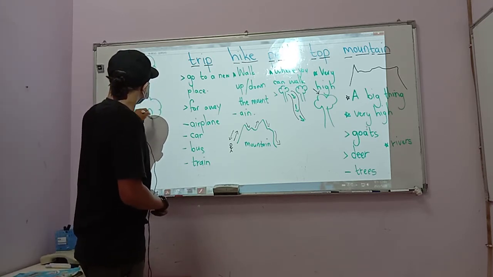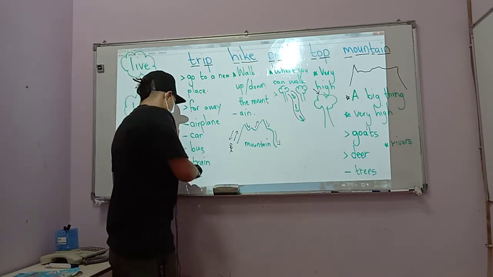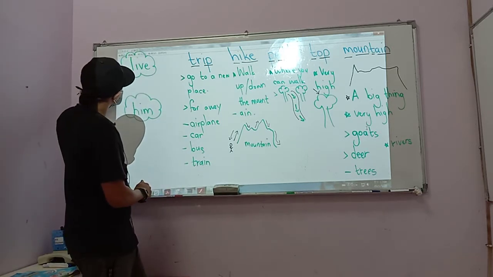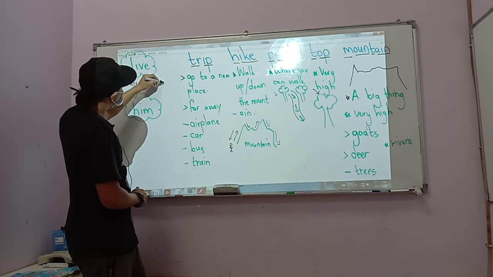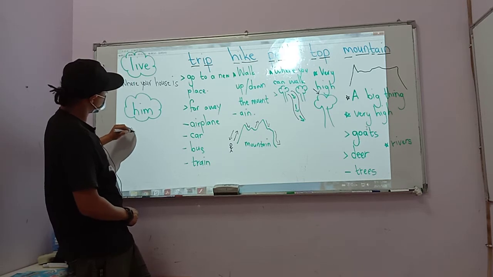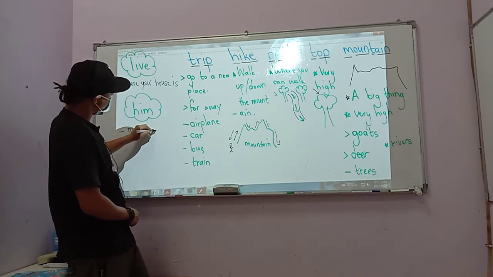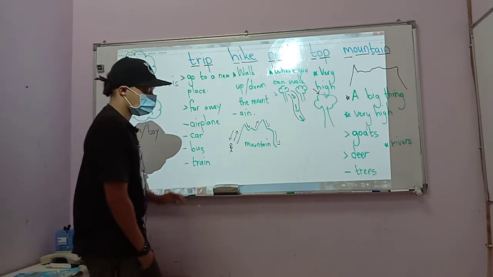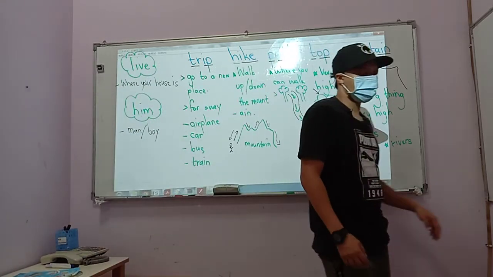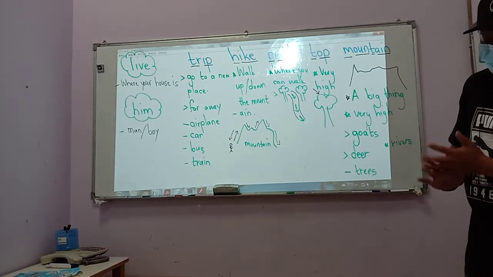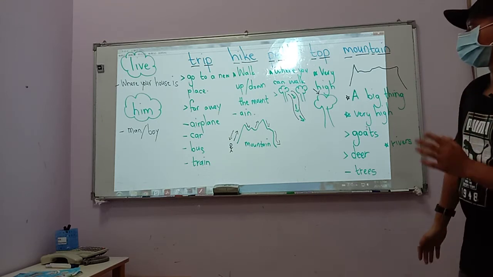Live and him. Okay? And live, this is where your house is. Alright? And him, this is for a man or a boy. Okay? I can give him a pencil. I can give him a ruler. Okie dokie? Let's continue, and then let's have a look at the first page.